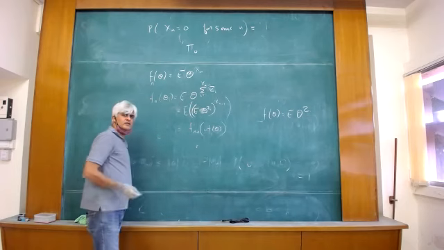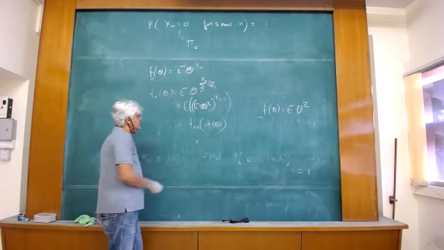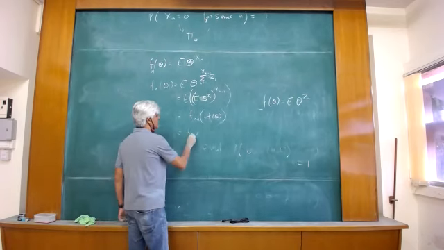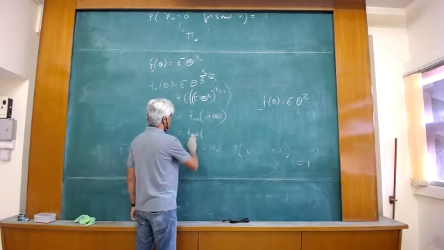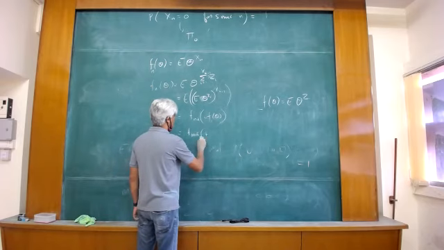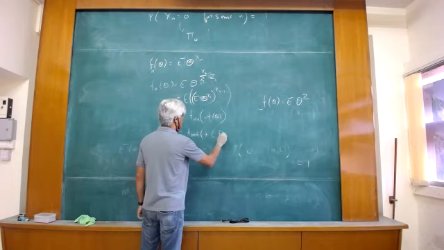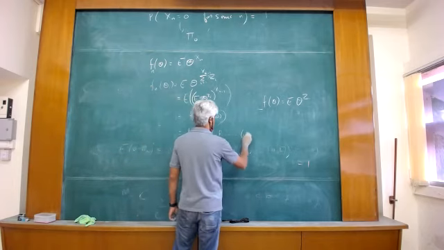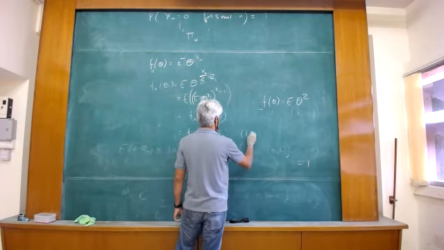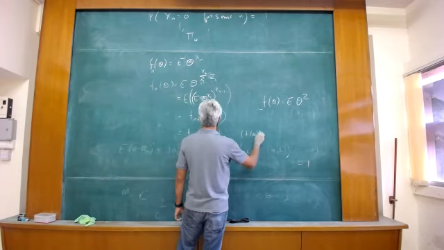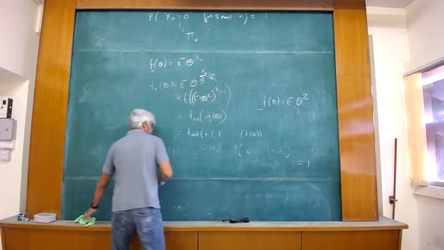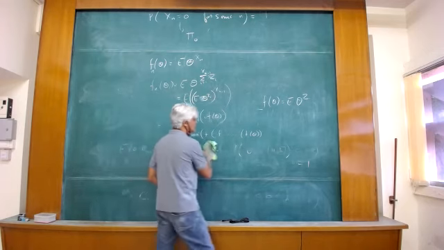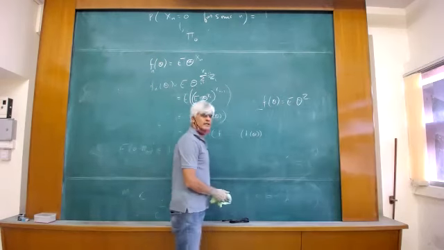Now I can recurse on this, right? Or I can just go F into Fn of F, a composition of F n times.